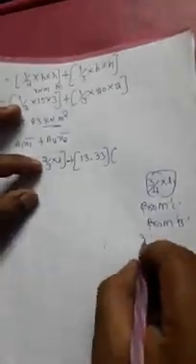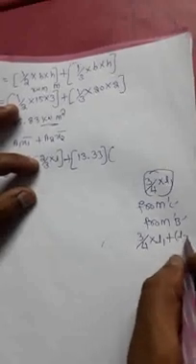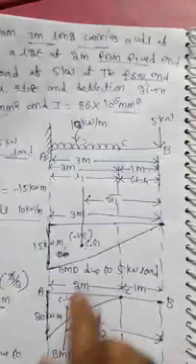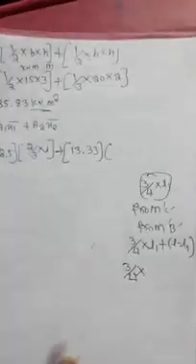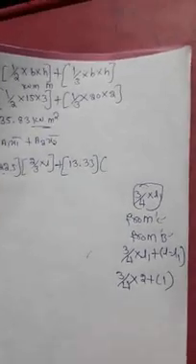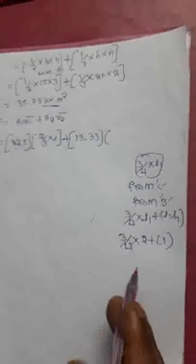So this is 3 by 4 into L1 plus L minus L1, where L1 equals 2 and L minus L1 equals 1. This is the formula for the center of gravity of the parabolic curve from B: 3 by 4 into 2 plus 1.